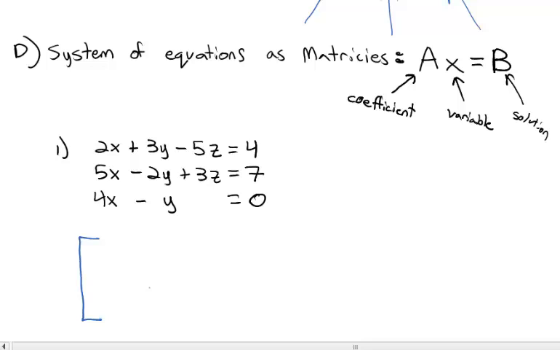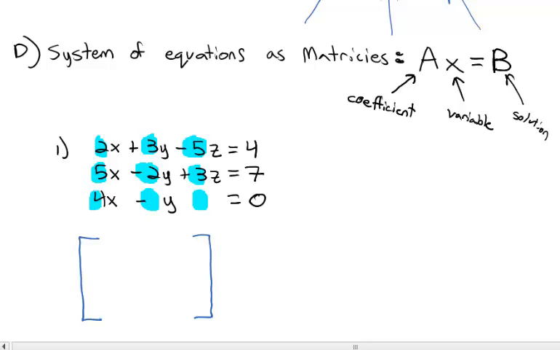First, we'll have the matrix that represents all of the coefficients. Coefficients, those are those numbers in front of the variables. Notice there's nothing at the last z. We'll get to that in a minute.